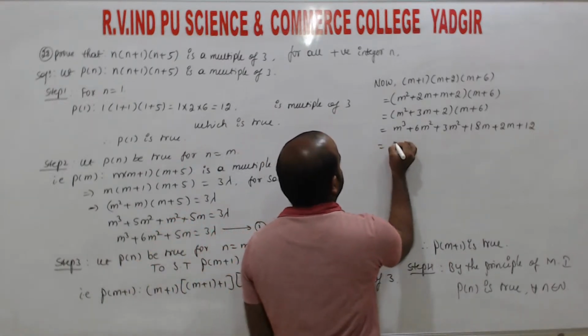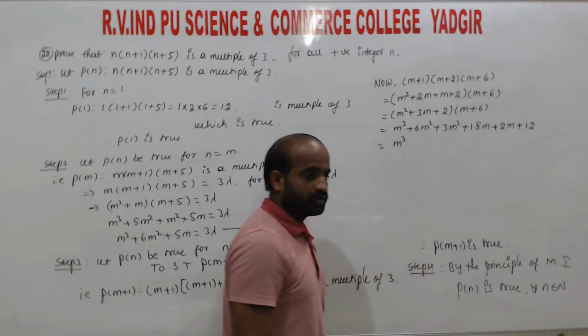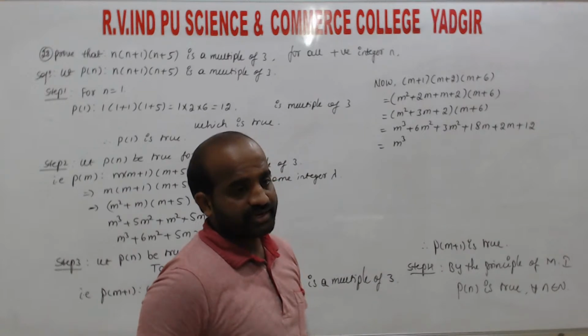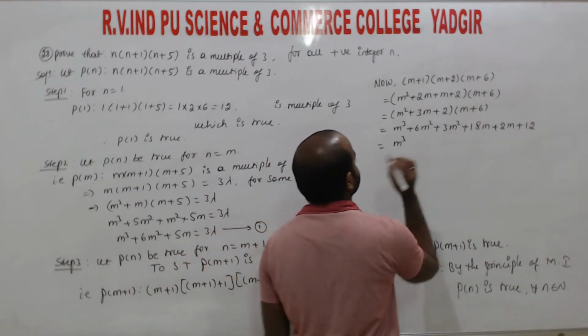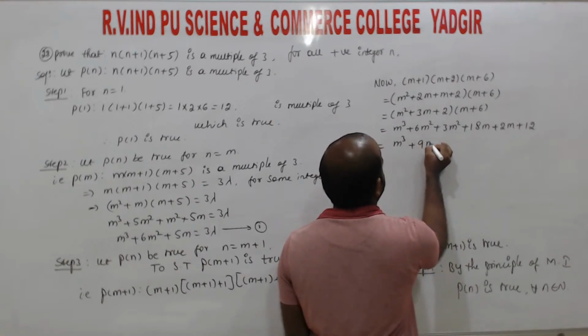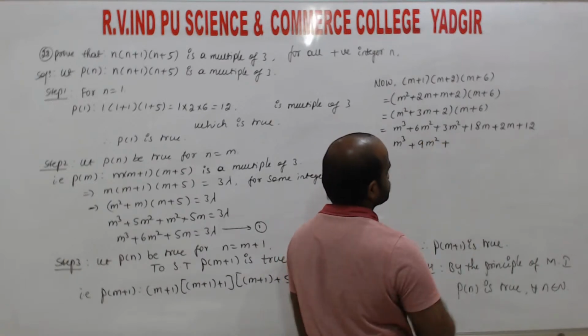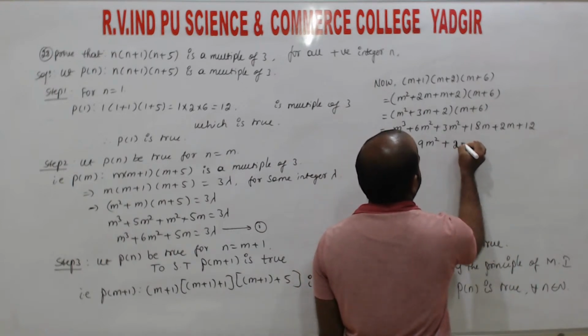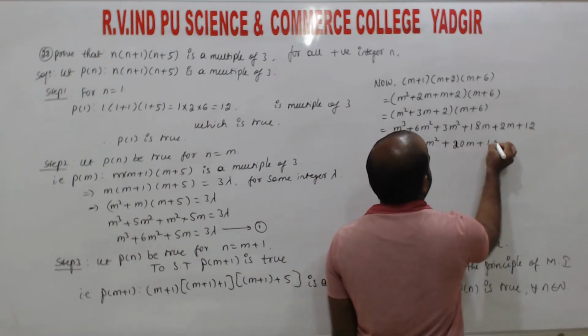Next separating m cube terms, square terms, next m terms and constant terms. 6m square plus 3m square is 9m square, plus 18m plus 2m is 20m, plus 12.